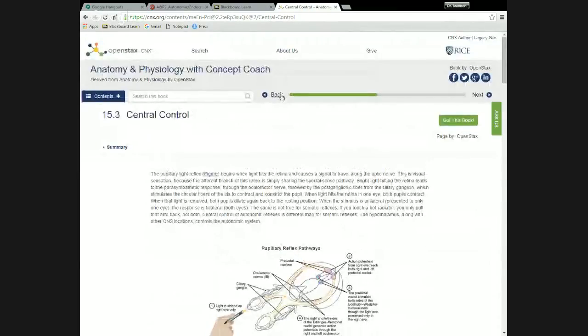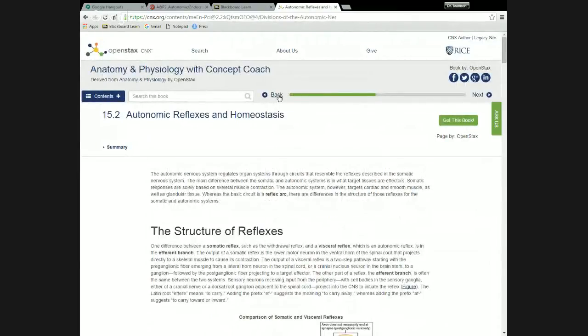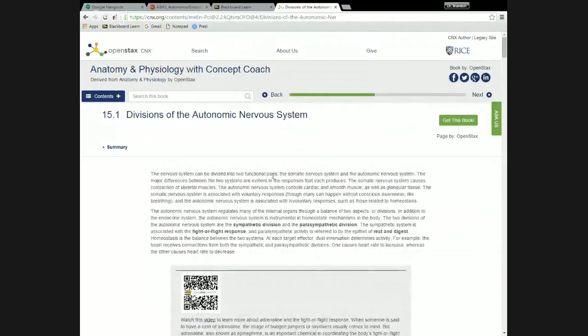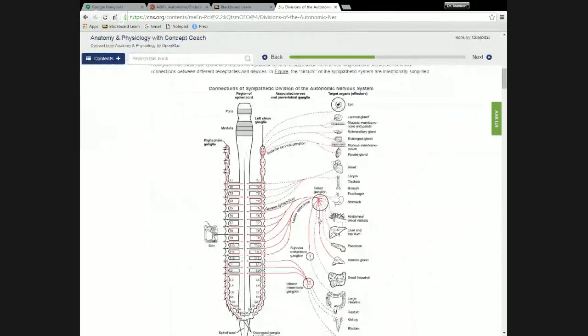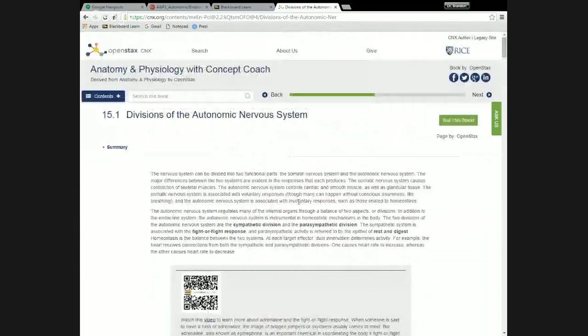So, actually, let me back up for a second. The beginning of the chapter is just laying out sympathetic versus parasympathetic, all of these connections, which I started talking about back last week, and I finished up on Tuesday.